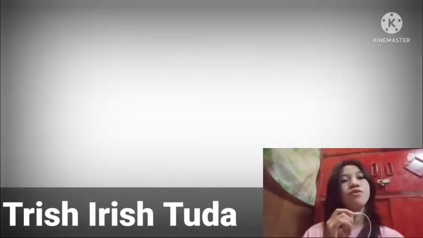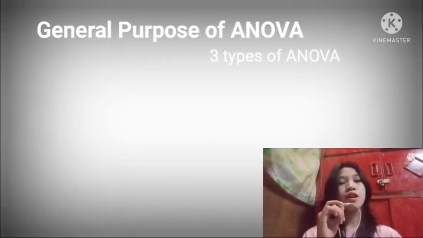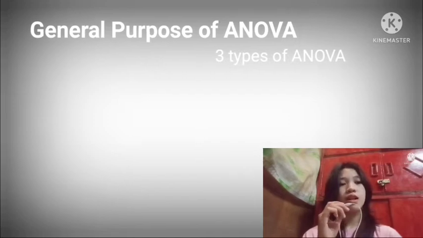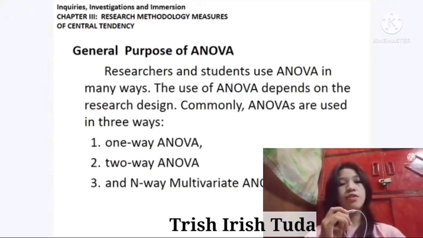Good day, I'm Trish Tuda and I'm about to explain to you the purpose of using analysis of variance, or ANOVA, and its three types. You would use ANOVA to help you understand how your different groups respond, with a null hypothesis for the test that the means of different groups are equal.